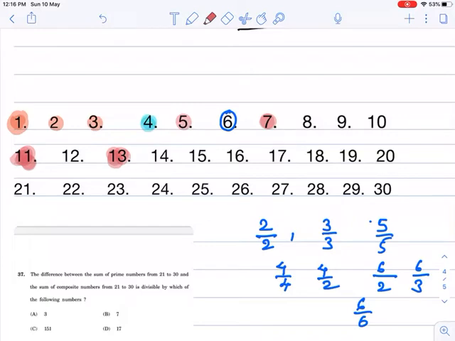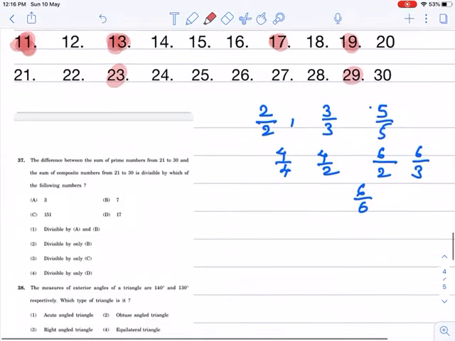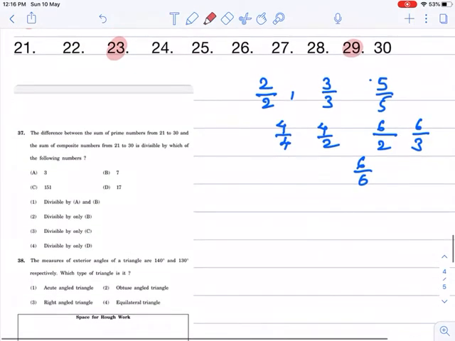Similarly directly I will write 17. It is not divisible by any other number. Then 23. Here all these numbers are divisible. Directly I will write 29. So these are the prime numbers and composite numbers are here. So here again we will read the example so that we can solve it.